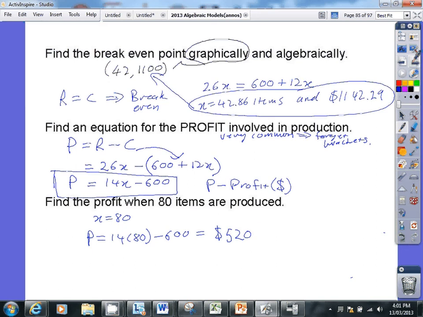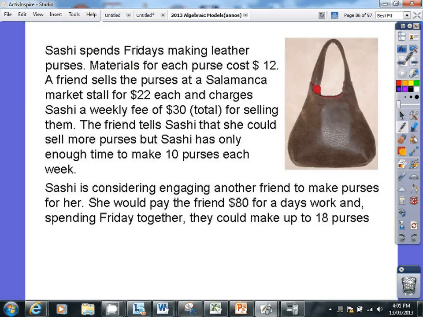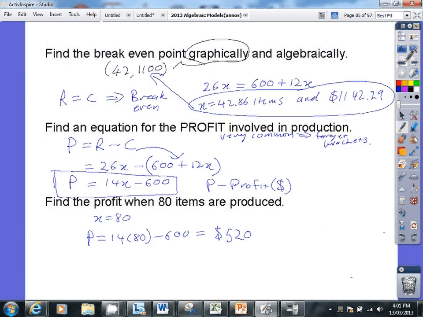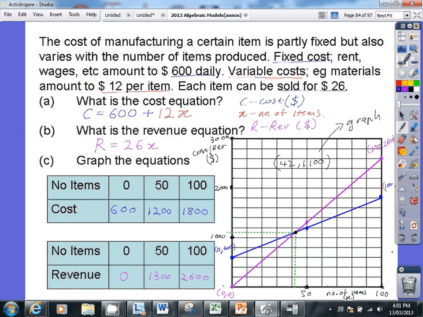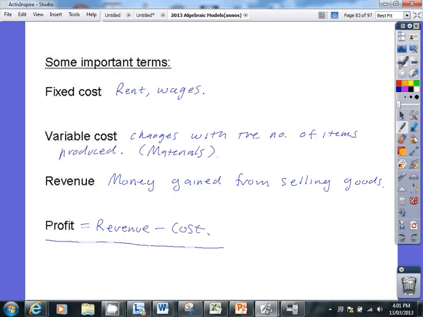Do we have anything over the page? No, that's it for now. There's a more complex example coming up next time. So right now I want you guys to concentrate on some of these types of questions. I gave you the sheet which says try these break-even questions. So let's write that: try these BE questions.